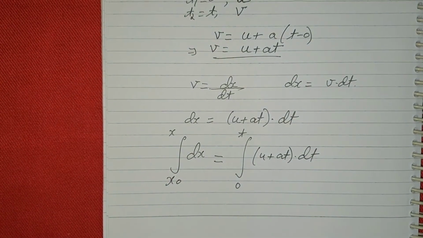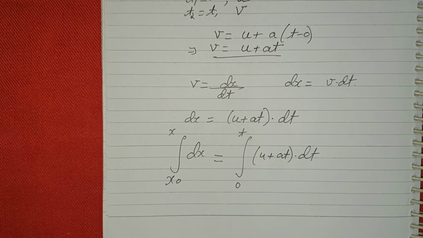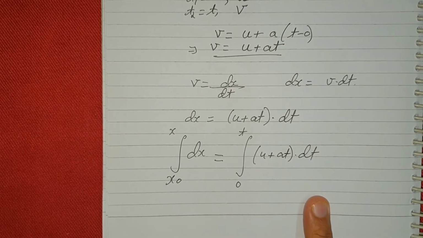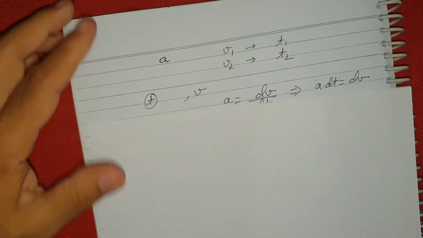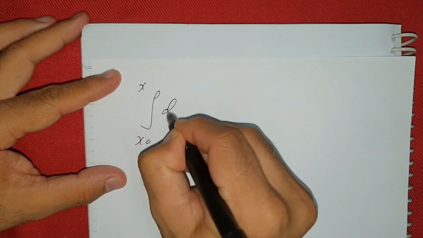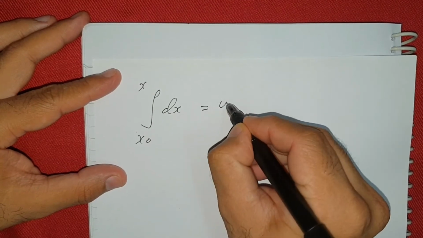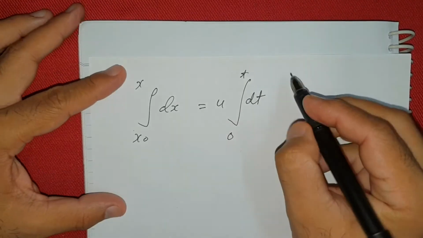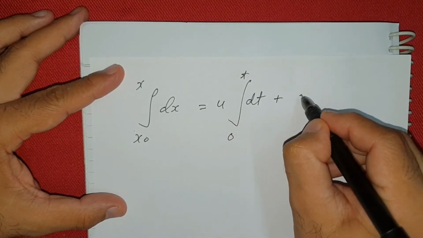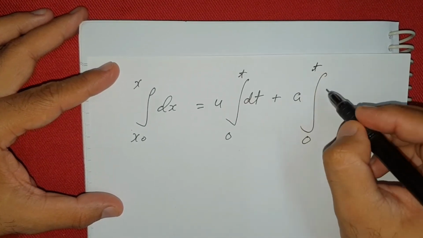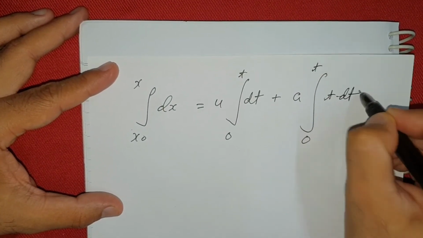Now continuing with the integration, you can write it like this: this equals u times the integral of dt from 0 to t, plus a times the integral of t dt from 0 to t.